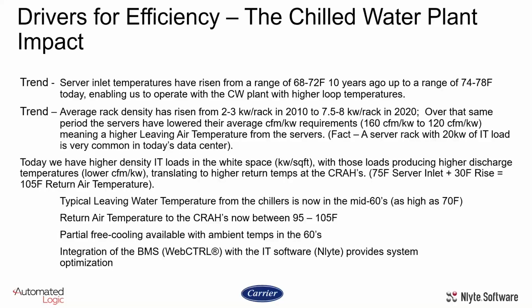At the same time, average rack density has risen from 2 to 3 kilowatts per rack in 2010 to as high as 7.5 to 8 kilowatts per rack today. That's an average. Over that same period, the servers themselves have seen airflow requirements lowered. For delta T purposes, we now see that the average airflow could be 120 CFM per kilowatt versus what it used to be at 160 CFM per kilowatt.